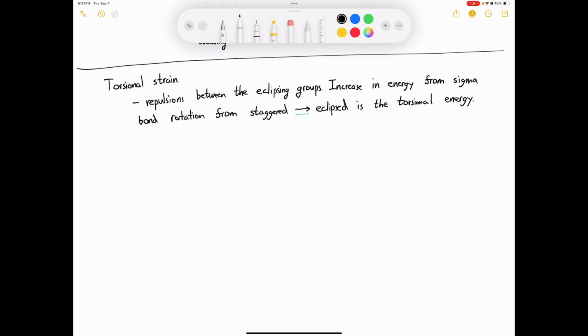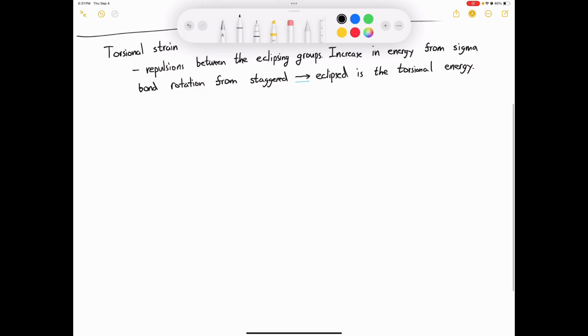Okay, so let's look at a molecule like butane. We're going to have butane here as my example. Each time the atoms rotate around the bond, these eclipsing interactions will have varying amounts of energy.